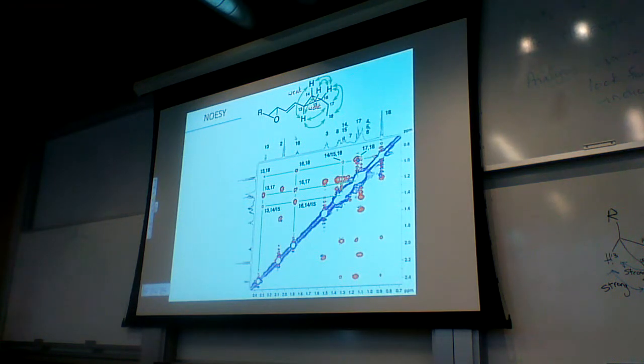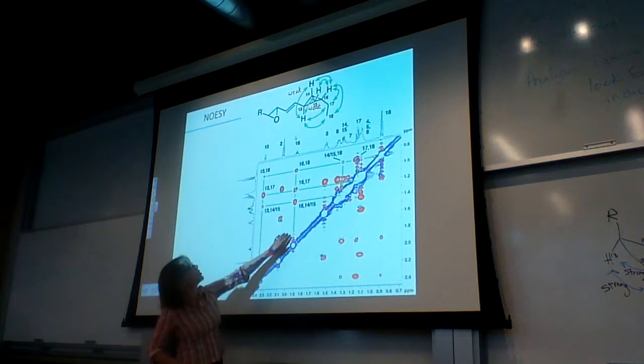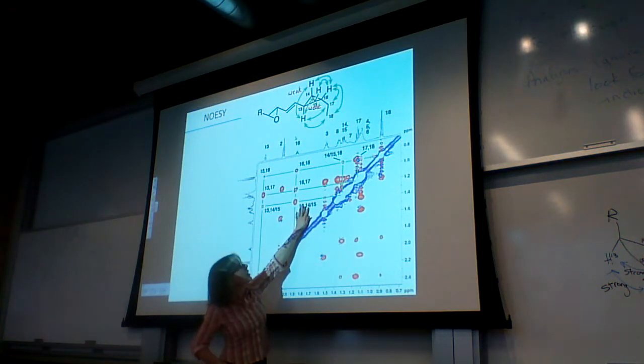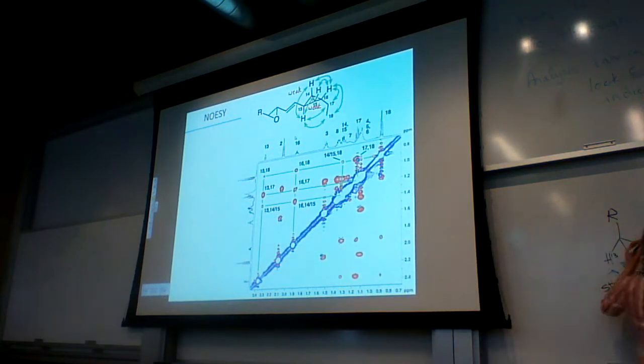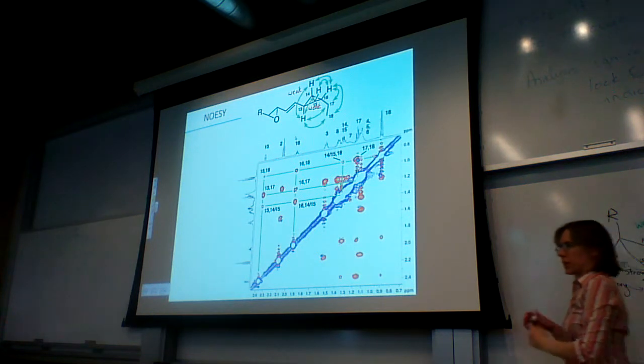And then you could also look at the other stereo center over there with the alkyl chain. What they did see was a strong correlation between 16 and 14 and 15. Oh, that was the other one. So this correlation here would be weak between those two hydrogens if it was this conformation.